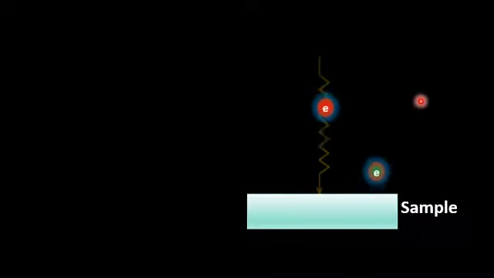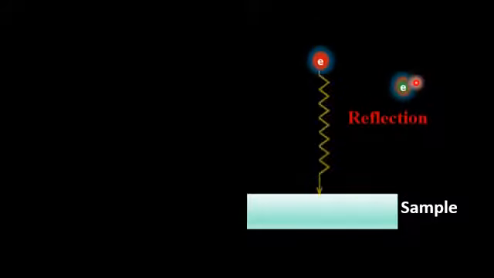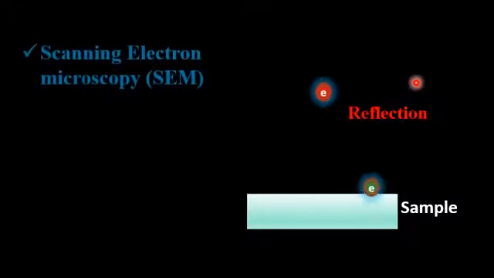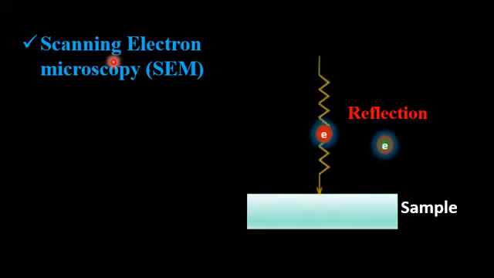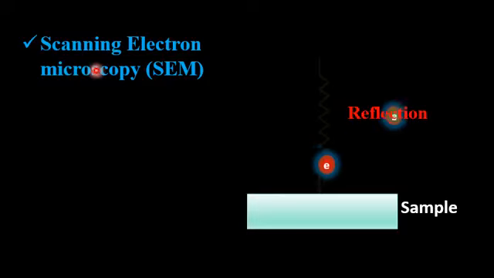So these secondary electrons, which are ejected from the sample surface due to reflection, are used in different characterization techniques in order to assess the sample surface. One of the most commonly used techniques is scanning electron microscopy. Scanning electron microscopy is a technique based on secondary electron emission.